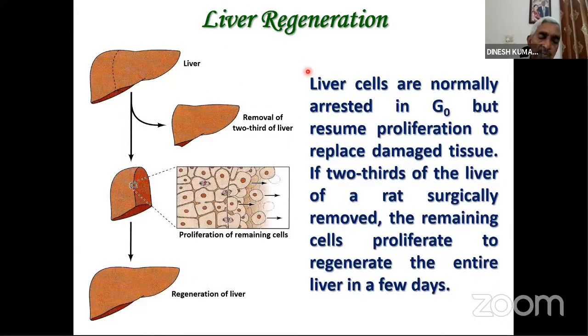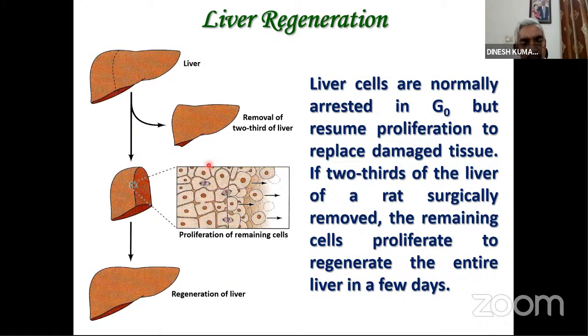Likewise, if you see the regeneration in liver cells, here also the simple duplication phase is maintained. In the normal course, liver cells are in G0 stage, and if there is any cut in the liver, suppose you cut 2/3 of the liver portion, then hepatocyte growth factors are originated, and those hepatocyte growth factors initiate a simple duplication process of that cell.